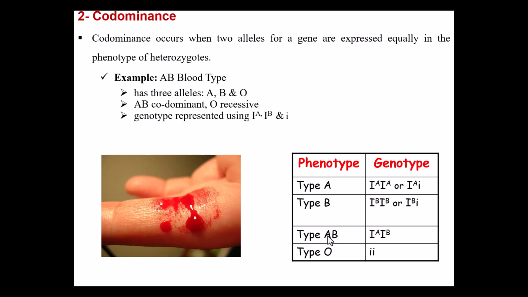See, we have an O type. The code for O is i, heterozygous for type A. And with type B, we have IBIB and IBi, where i is type O. For type AB, we only have one genotype, and type O has one genotype as well.